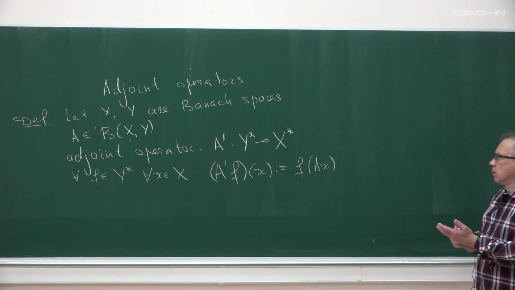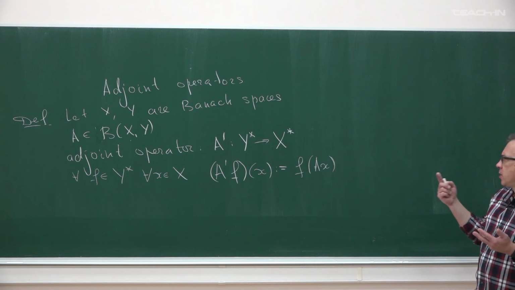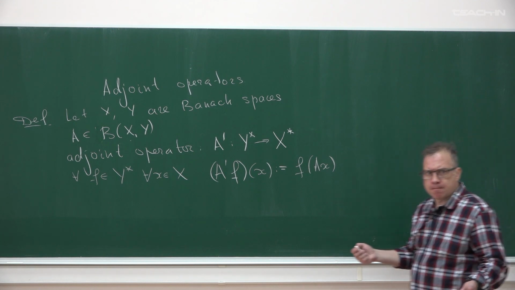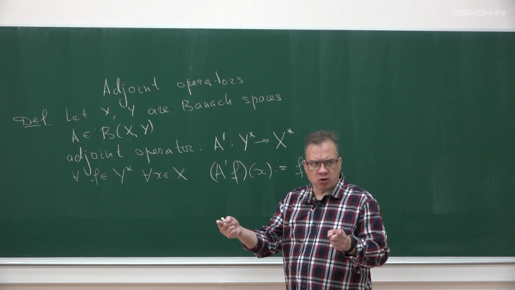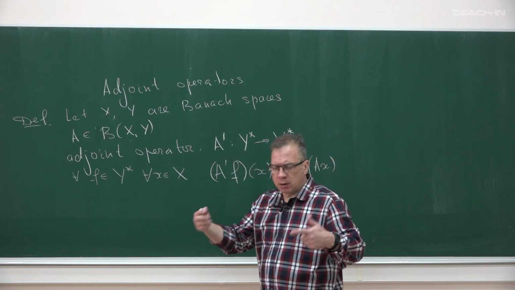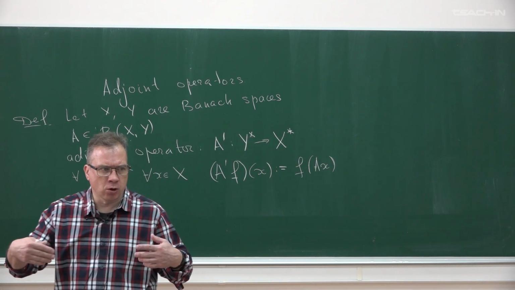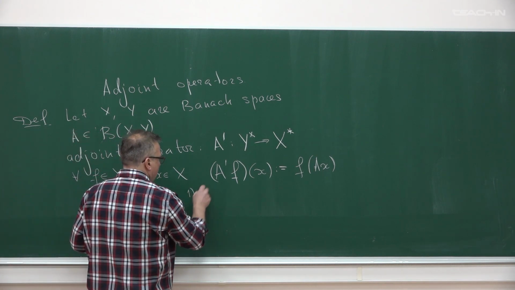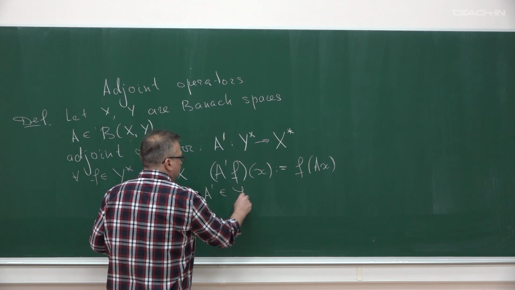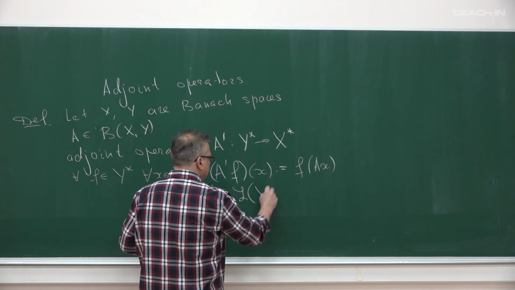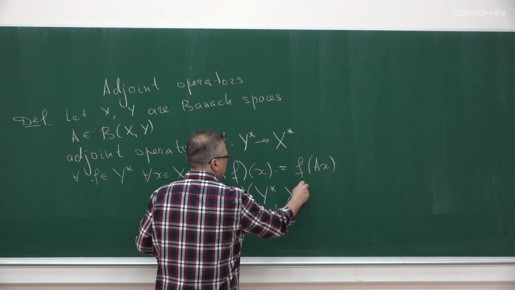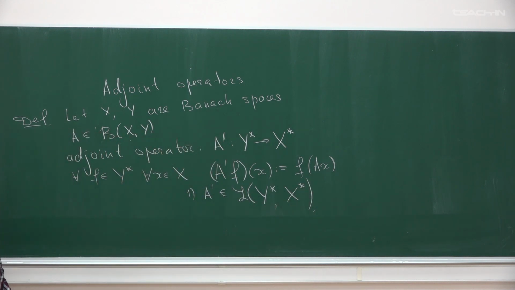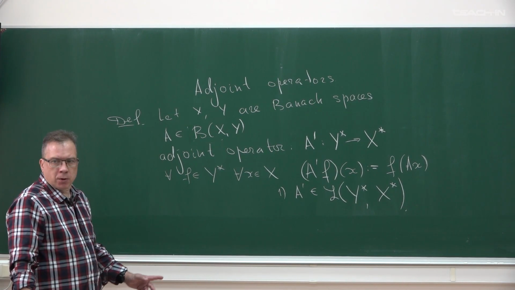And some remarks. I think it's obvious that A prime is a linear operator, because the space of functionals is linear, and we define the actions of functionals pointwise. So it is linear. Is it clear?